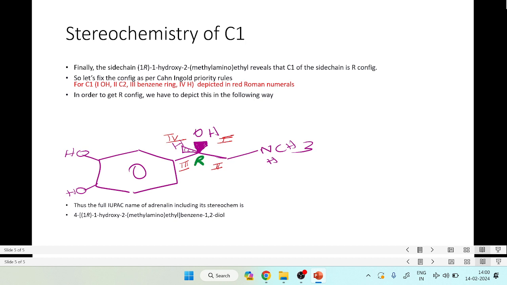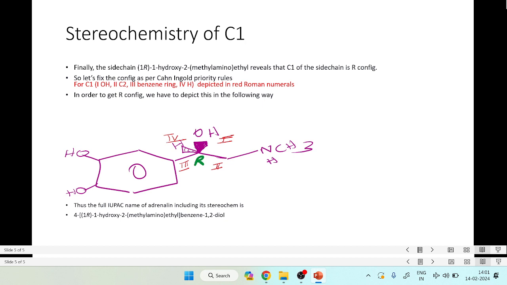Okay, so this is the proper depiction for it. Thus the full name for adrenaline including its stereochemistry is 4-[(1R)-1-hydroxy-2-methylaminoethyl]benzene-1,2-diol. So basically, what does the IUPAC name tell you for adrenaline? This is how you have to interpret the IUPAC name for any compound, systematically.